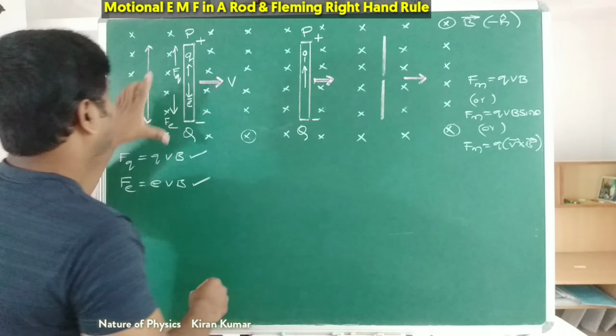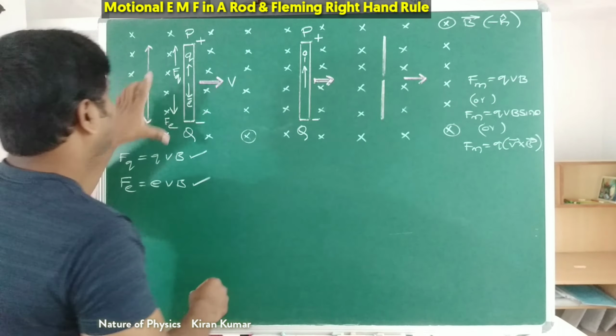The electric field intensity is force per charge, F by e, so F is equal to e into E, and the magnetic force is e into VB. Both are balancing, e gets cancelled, and we get E is equal to v into B. So now I am substituting equation 2 in equation 1.